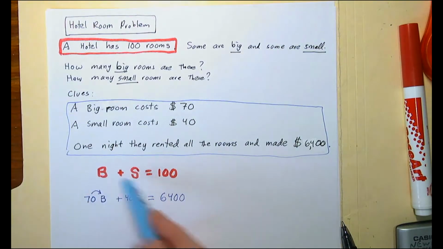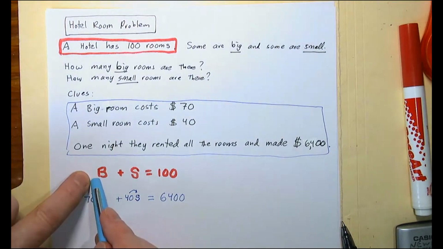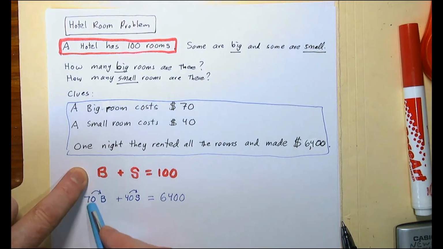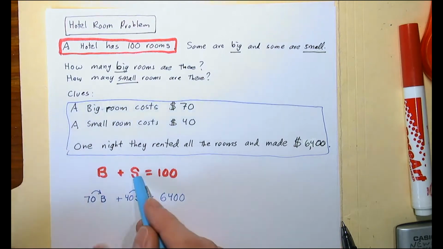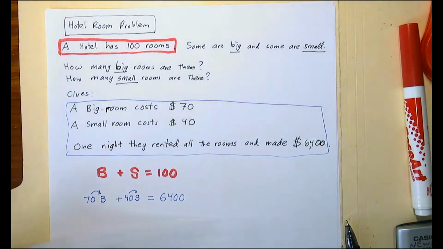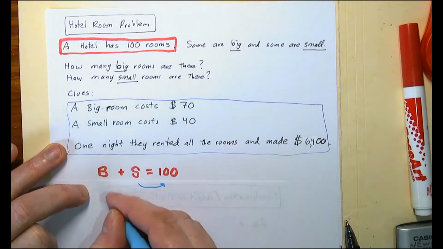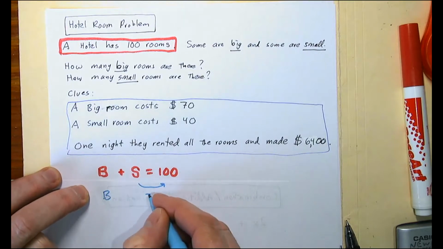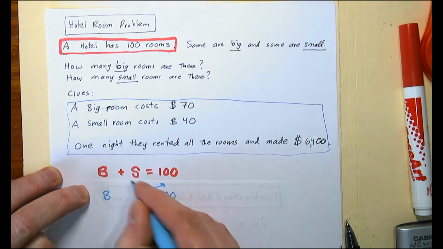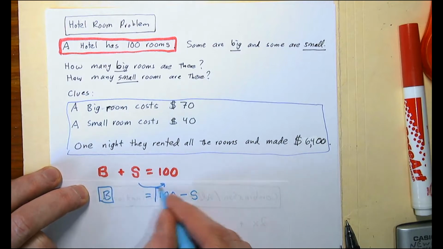Will something eliminate? No. But unless you go ahead and multiply, if you times this by negative 70, these would be opposite, wouldn't they? Of course, you got to times the whole thing. Or maybe you just want to times this by negative 40. Or maybe you're like, hey, what if I just move this S to the other side and rewrote it as B equals 100 subtract S. Now I got B alone.